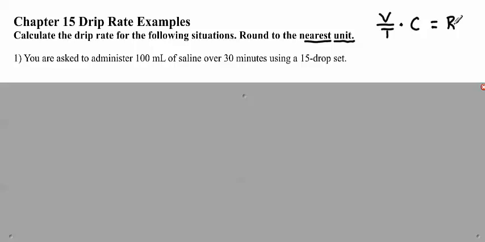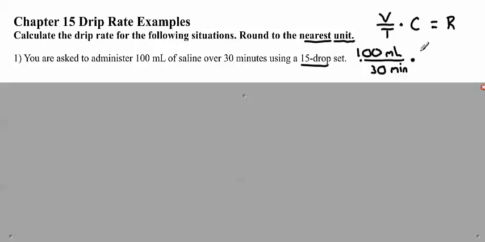So in this problem, the volume is 100 milliliters. So we have 100 milliliters, no conversion needed there because it's already in milliliters, divided by time, T, in minutes, which it's already in minutes, it's 30 minutes. And we times that by the calibration or the drop factor, and the drop factor is 15.